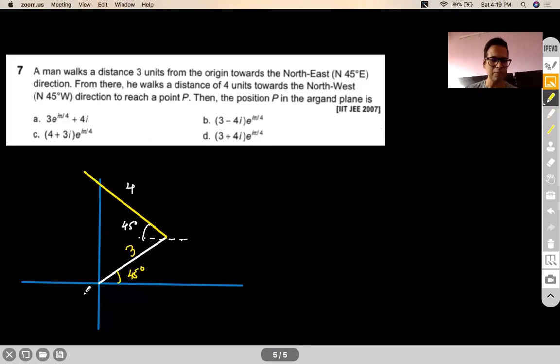So from O he goes to an intermediate point Q, and from Q he goes to P. Now the question setter is asking you, this point P, what is the complex number representation for this point P?